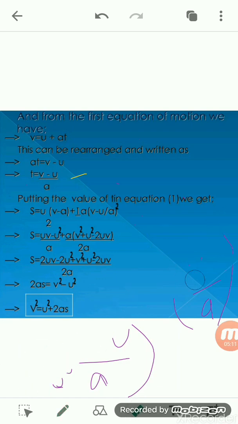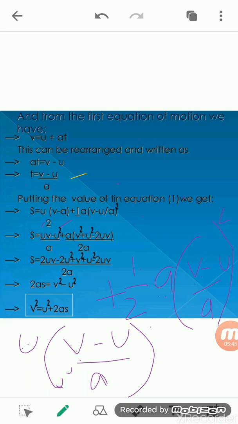Then when you open the bracket, u and v get multiplied with each other, so it becomes uv. u and u gives u square upon a. So the first term is uv minus u square upon a, while half or a by 2 is already there, which multiplies with v minus u the whole square.